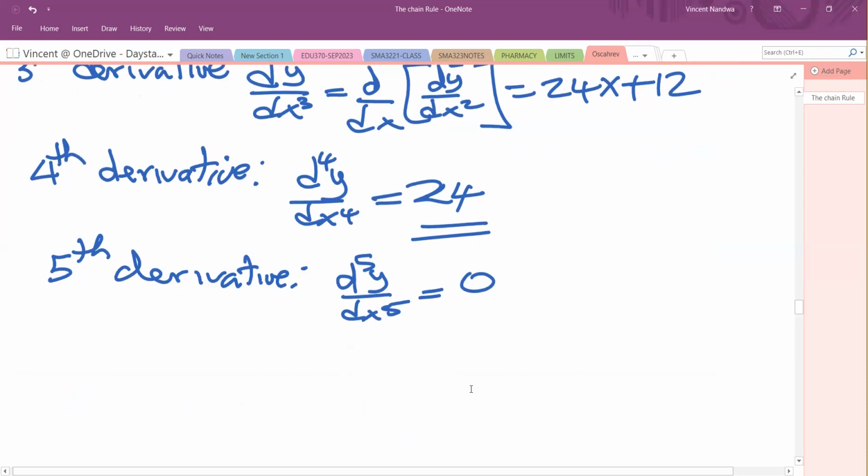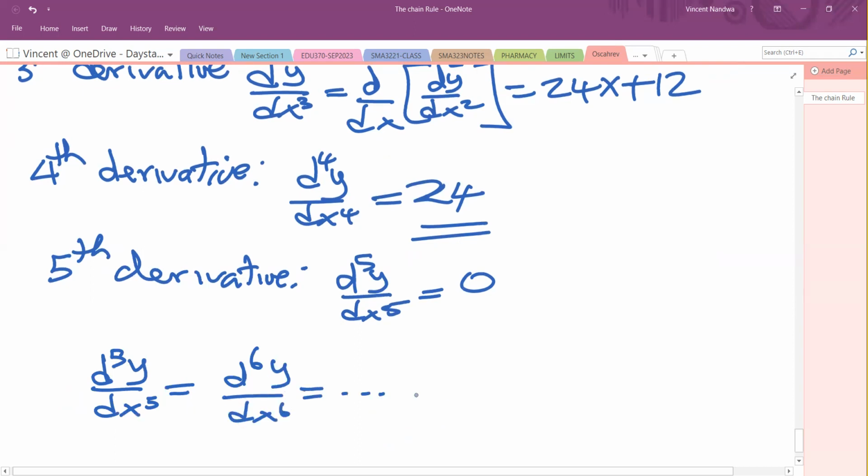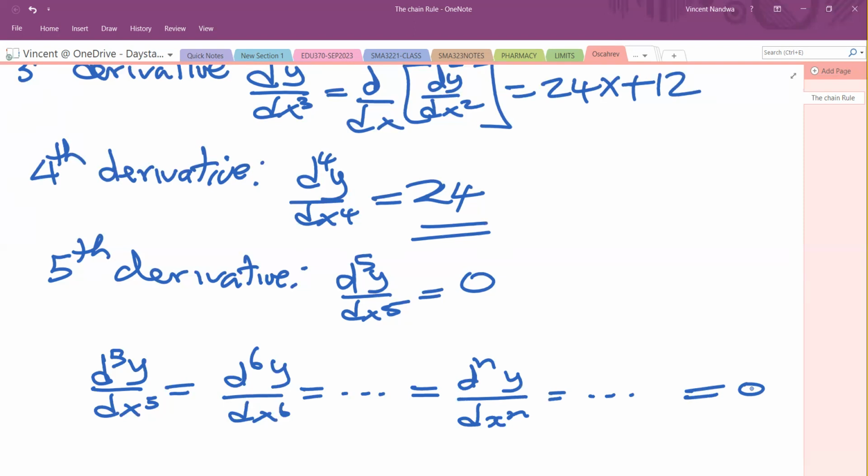And then I should now say that the fifth derivative will be the same as the sixth derivative, will be the same as up to the nth derivative, etc. All of them will be 0, okay? Because we're just differentiating 0 every time, or differentiating a constant. So that is how we evaluate the higher derivatives.